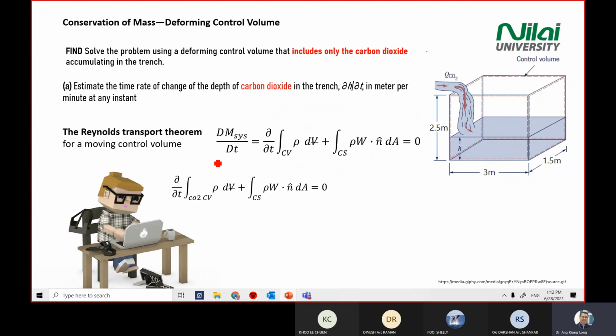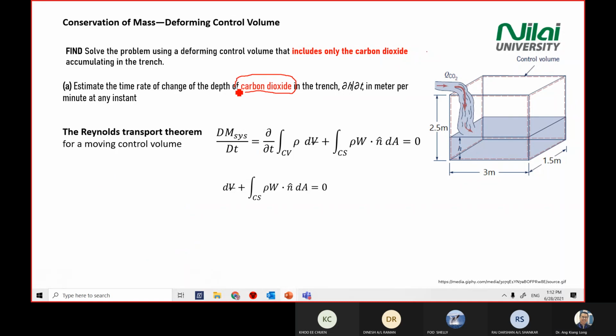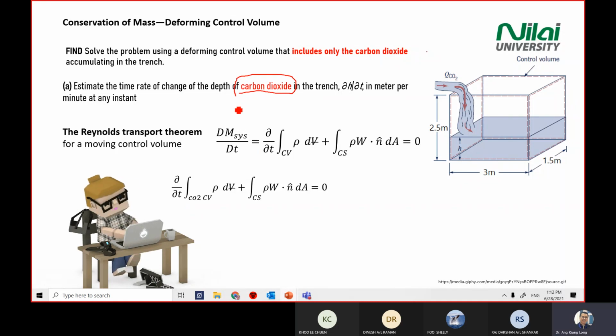Next, you just solve based on the question itself, because the question asks you about CO2. Now try to understand, what if I change the question? I ask you to focus on the air and not CO2.